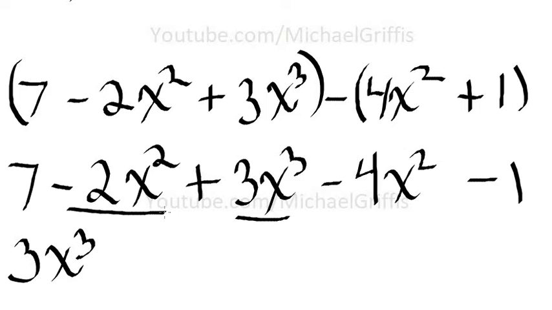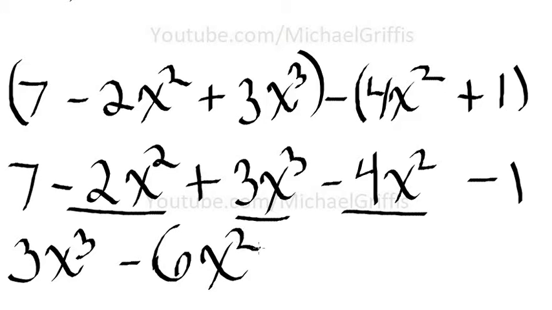We have a minus 2x squared minus 4x squared. So we'll add their coefficients. 4, 5, 6. I should have brought that down a little further there.